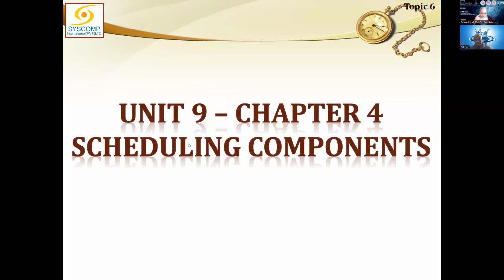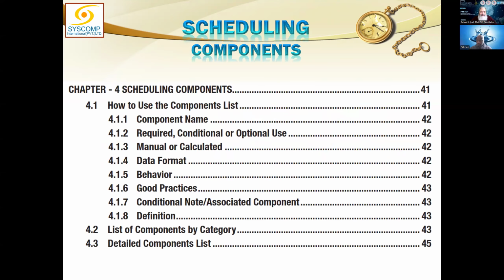Okay, now we move on to identifying various scheduling components, which I mentioned earlier also. Based on that, we will devise a mechanism of assessment. So what are the scheduling components and how are they categorized?